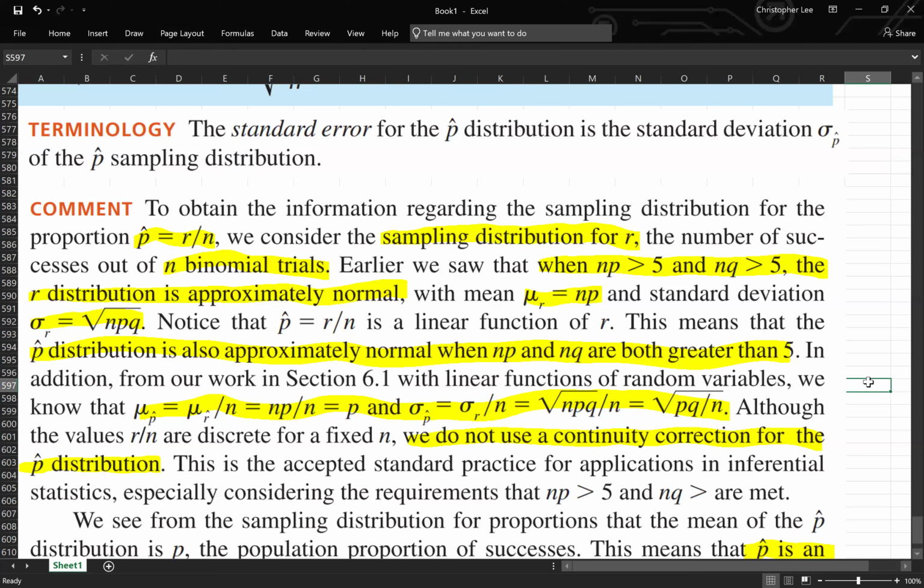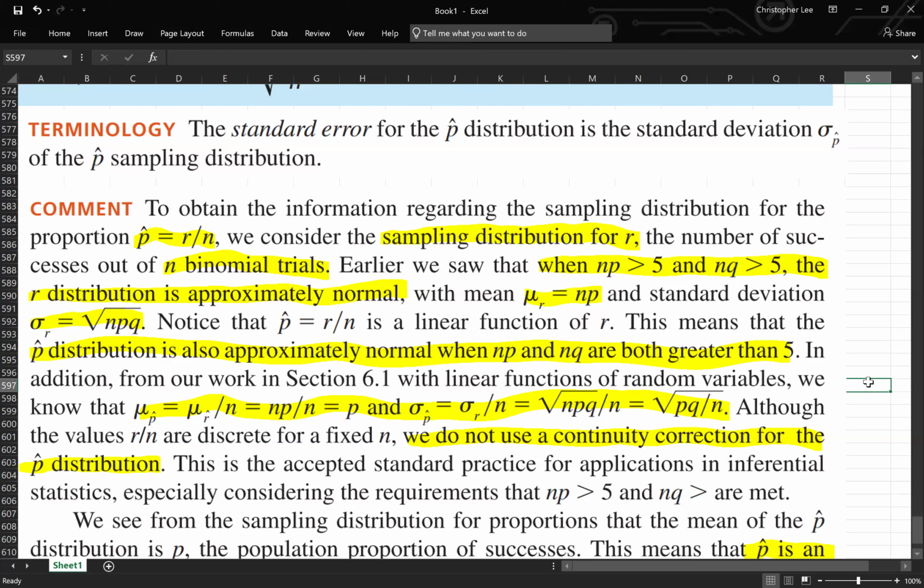In addition, from our work in the previous section with linear functions of random variables, we know that the mean for p hat is equal to the mean for r divided by n, which is n times p divided by n, which is equal to p. And the standard deviation, sigma p hat, is equal to the standard deviation for the number of successes divided by n, or the square root of n times p times q divided by n, which becomes the square root of p times q divided by n.